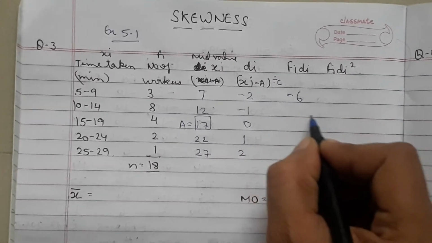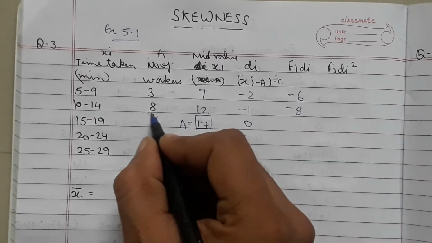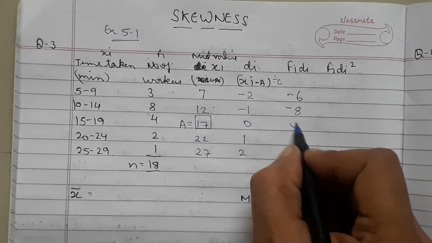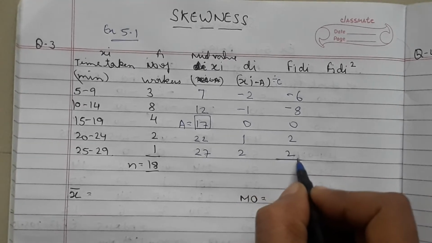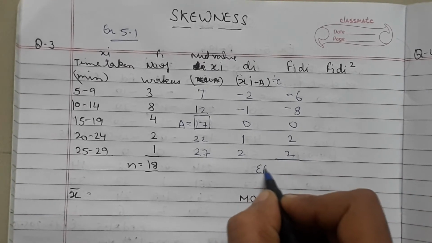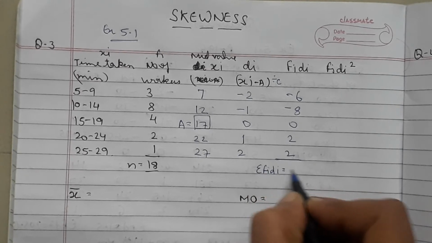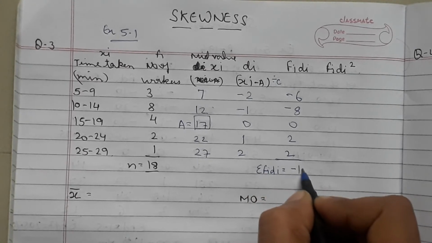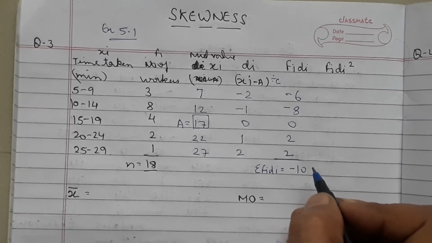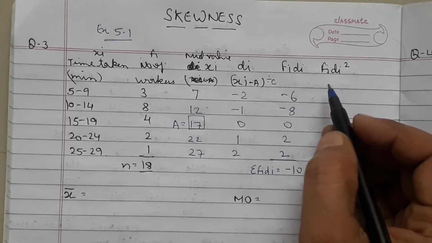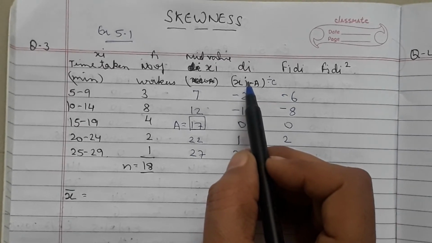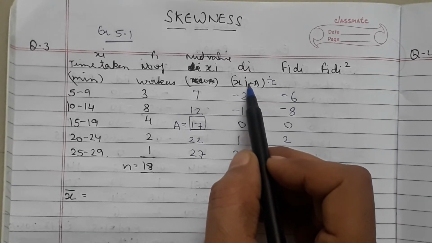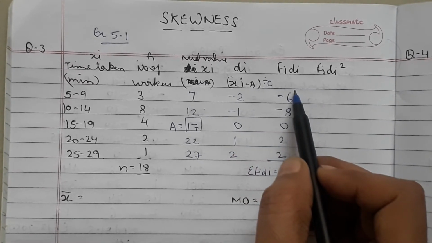So we have got minus 6, 8 into 1 is minus 8, 0, 2 and 2. Total of sigma fi di is equal to minus 10. Now find out fi di square. Fi di square will be multiplication of di into fi di.